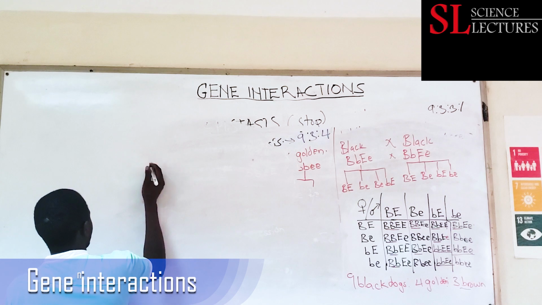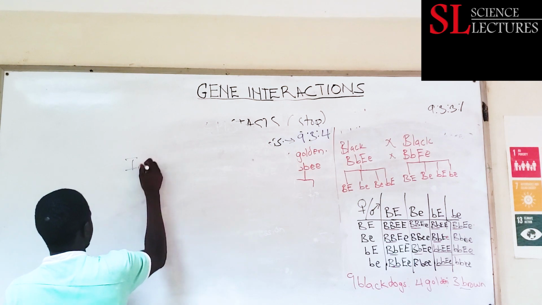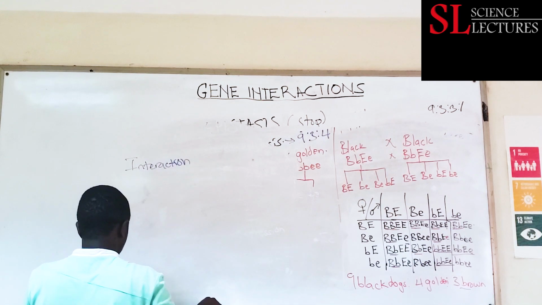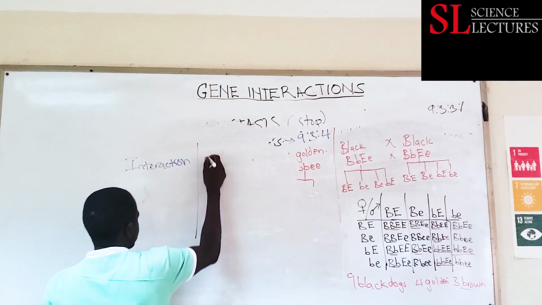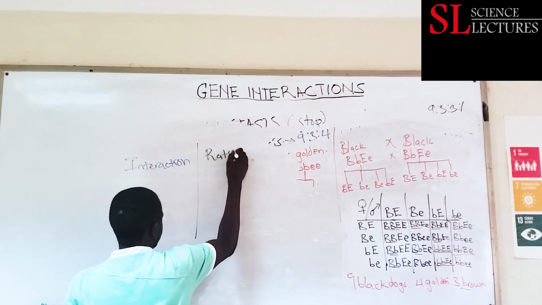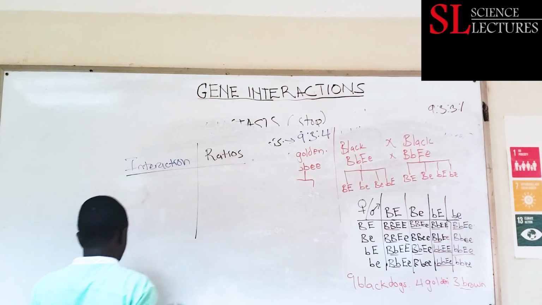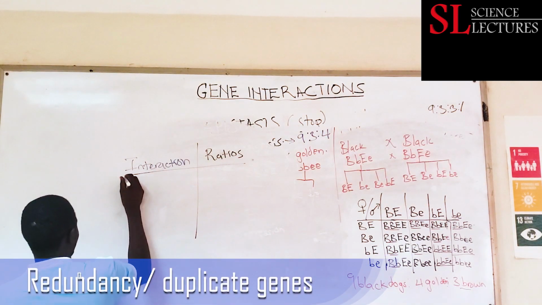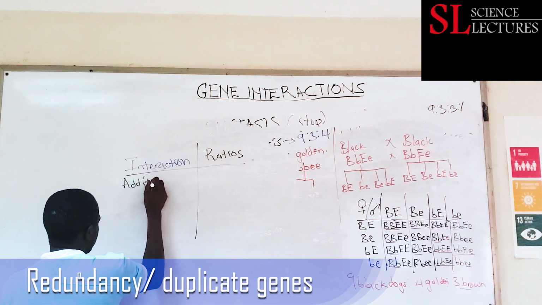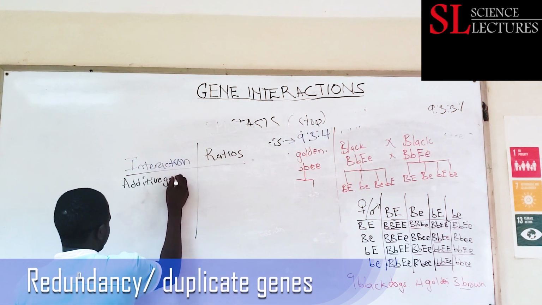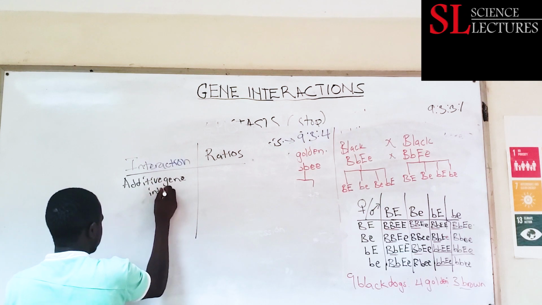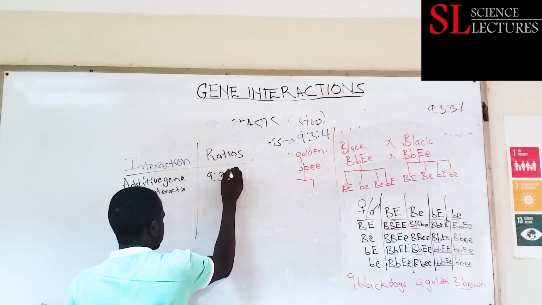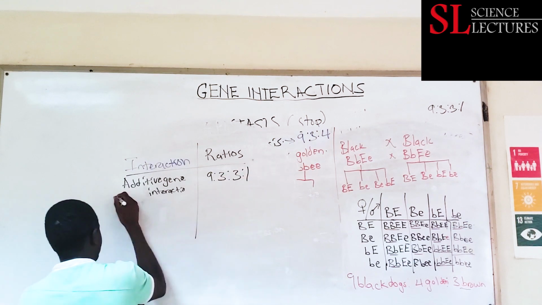So let us write the interaction. We draw a simple table here of interaction and the ratios. The first interaction, the normal Mendelian gene interaction, is what we call the additive gene interaction, and the ratio is 9 to 3 to 1.